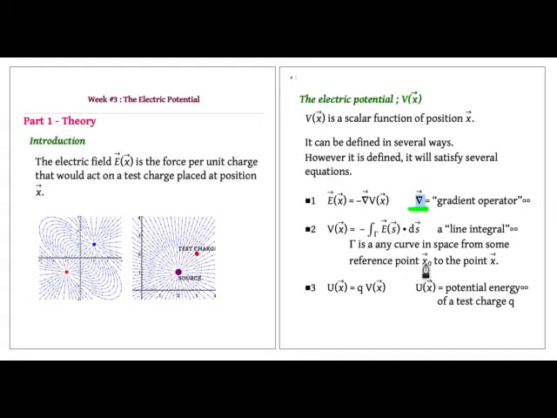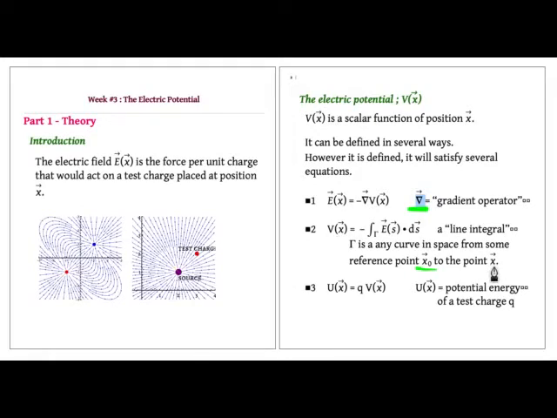The choice of the reference point is somewhat arbitrary, but we usually try to choose a reference point which is convenient for the problem. So actually the potential depends on both the point x, where we're determining V, and also the choice of the reference point. But we don't usually write V as a function of x and x0 because we regard x0 as just a constant choice, never changes.